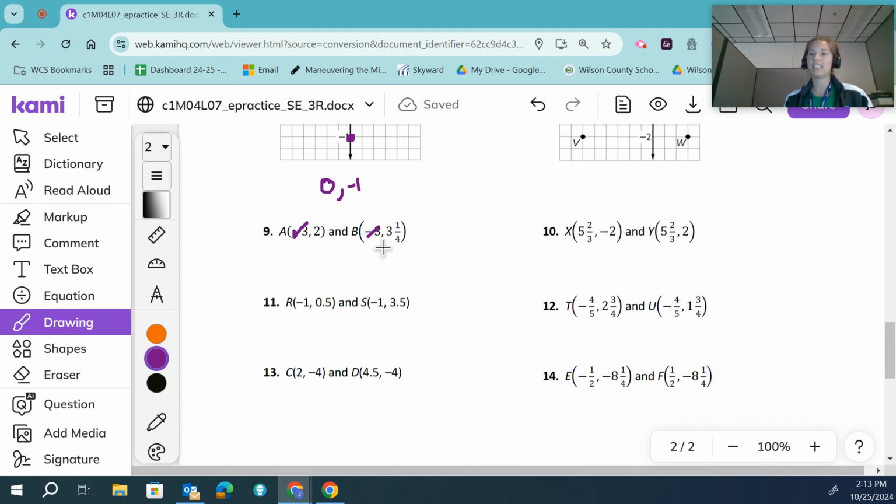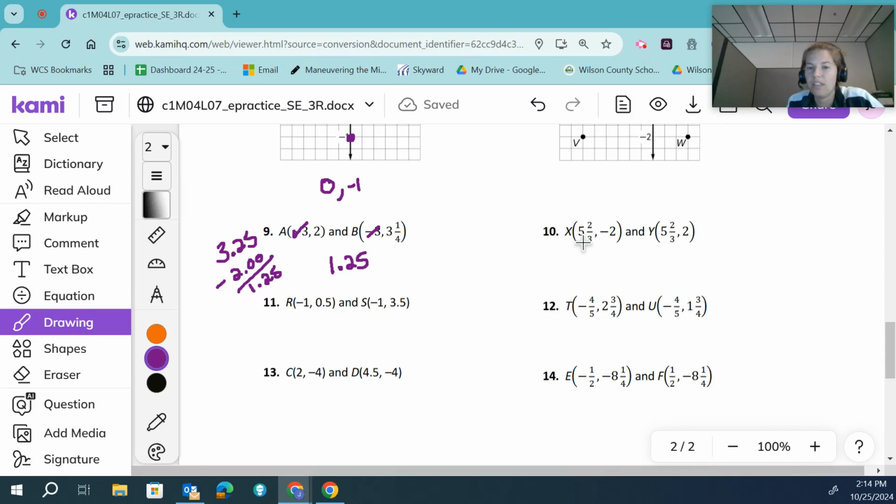When our signs are the same, that means we're on the same side of the axes, which means we are going to subtract them. So we have 3 and 1/4, 3.25, minus 2. That is going to give you 1.25. So their distance is 1.25. Again, same signs means you're on the same side of the axis. Same signs, same side. Hopefully that helps you remember.